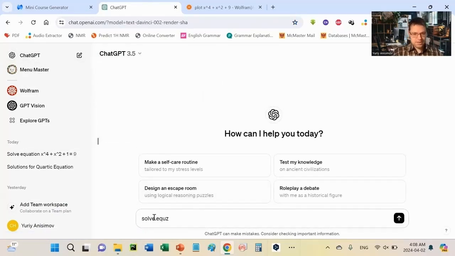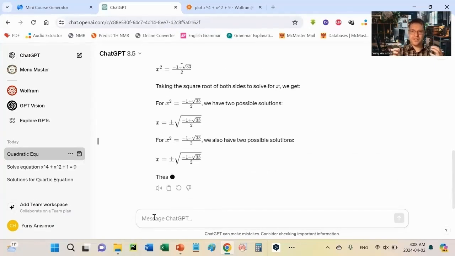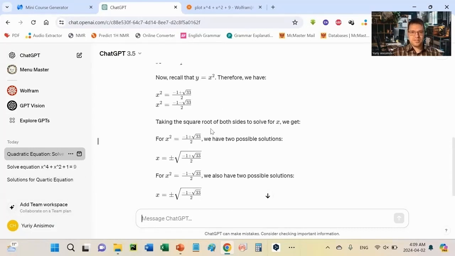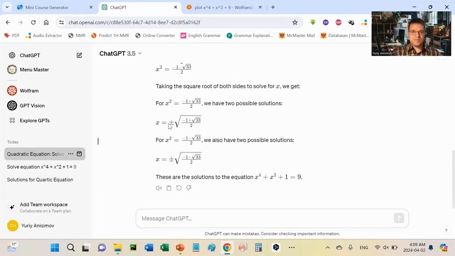Solve equation x to the 4 plus x squared plus 1 equals 9. So first what we can see here, GPT 3.5 is faster. And look, the solutions are exactly the same. So here we have two real solutions, and then these two solutions are imaginary.